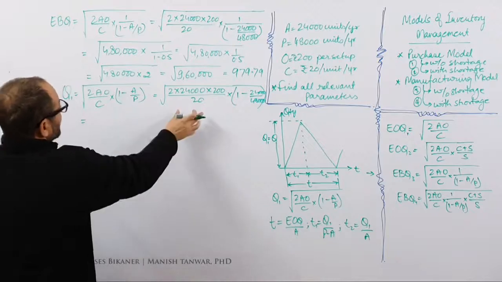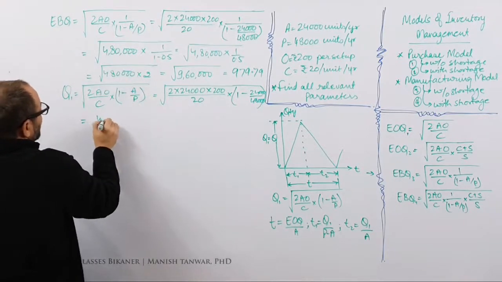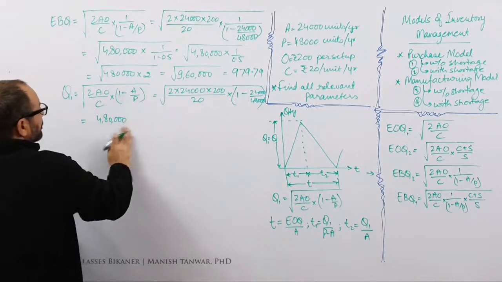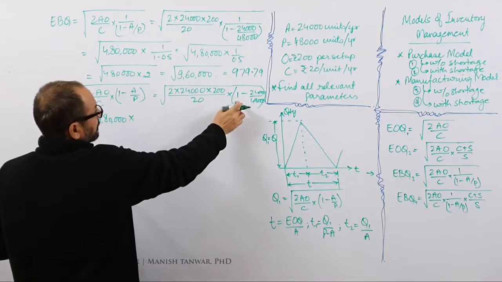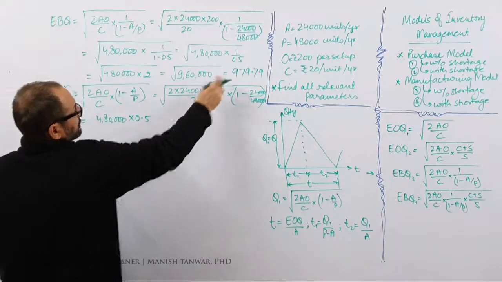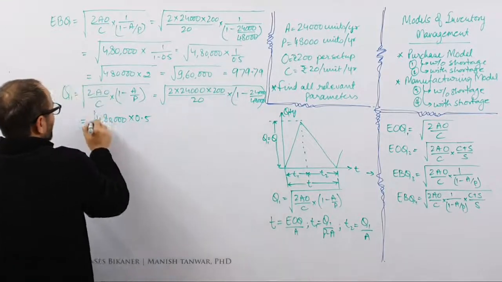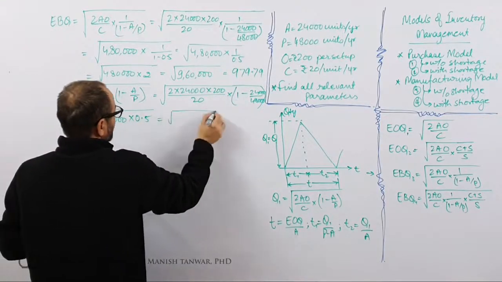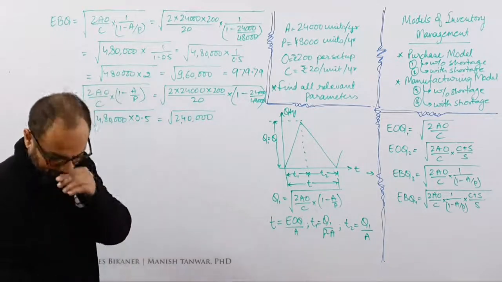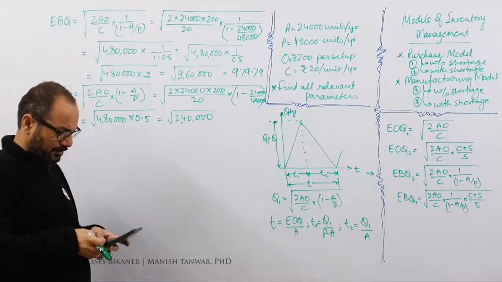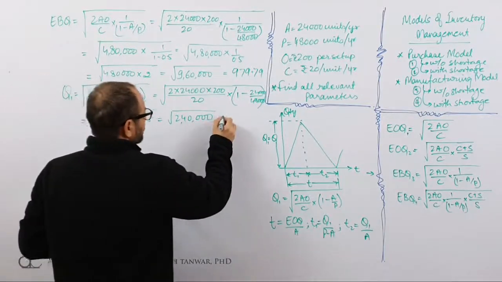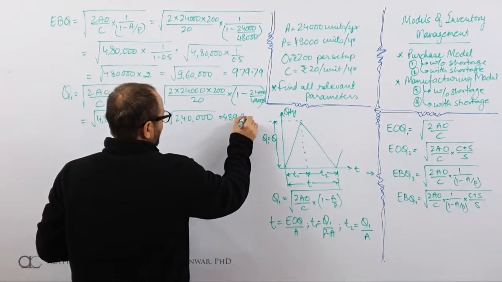Once again, this factor would become 4,80,000 and this factor would be 1 minus 0.5, making it 0.5, under the root 2,40,000. What will be the value? 2,40,000 under the root is 489.89.